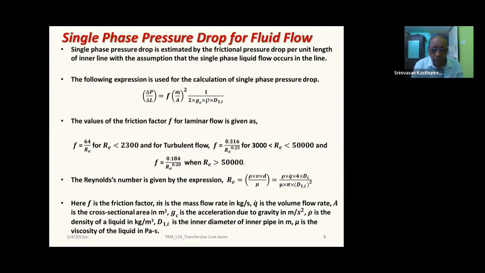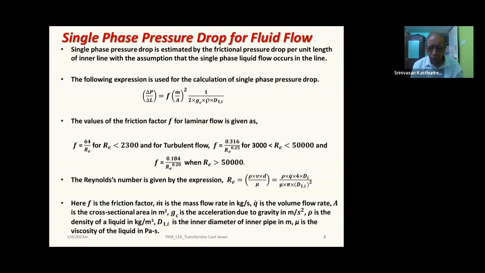So obviously you can see the friction factor entirely depends on the fluid flow parameter, namely the Reynolds number. What is the Reynolds number? The Reynolds number is given by rho V d by mu. Rho is the density of the fluid, V is the velocity of the fluid, D is the diameter of the pipe, and mu is the viscosity of the fluid. Now you can also express the velocity of the fluid in terms of the volume flow rate.